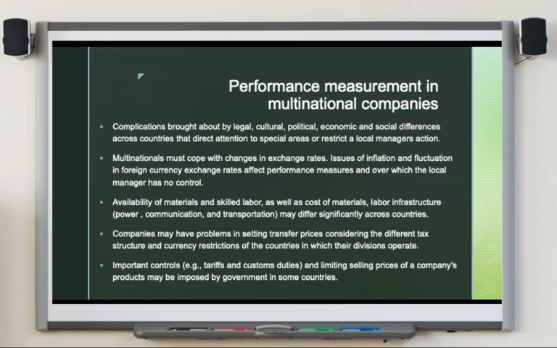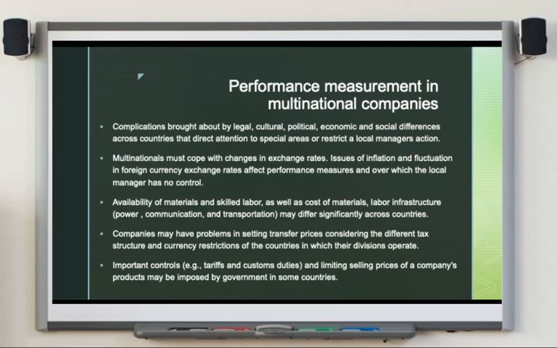For these companies, the performance evaluation might be very complicated as compared to those domestic companies operating in one single country, simply because there are factors that are present in the international level and not in the local level.